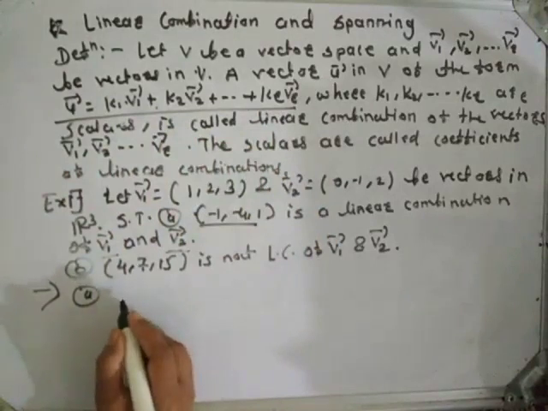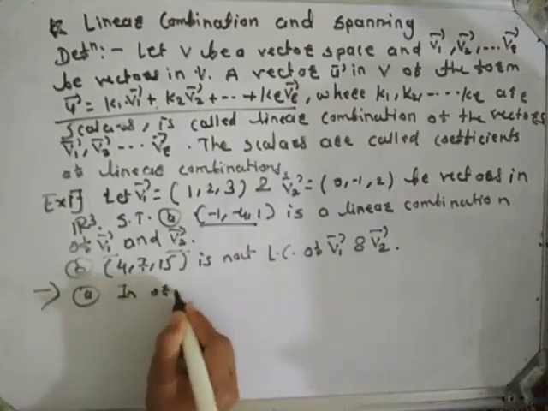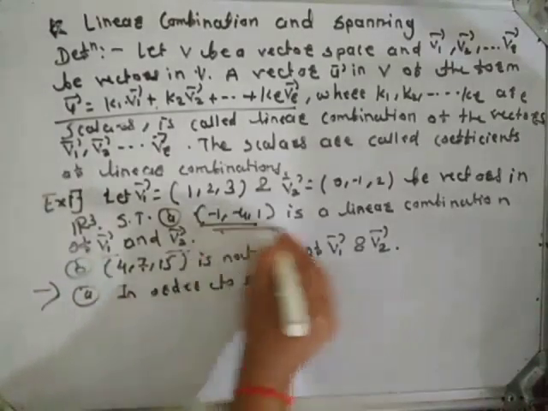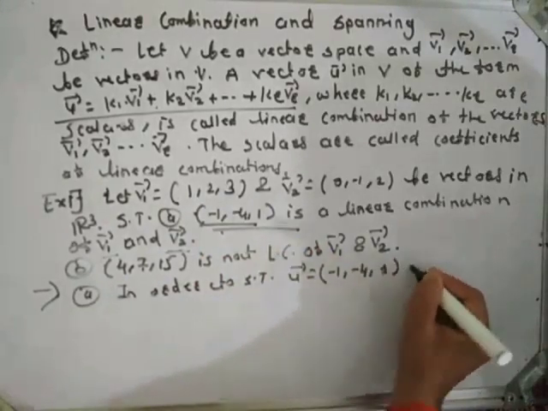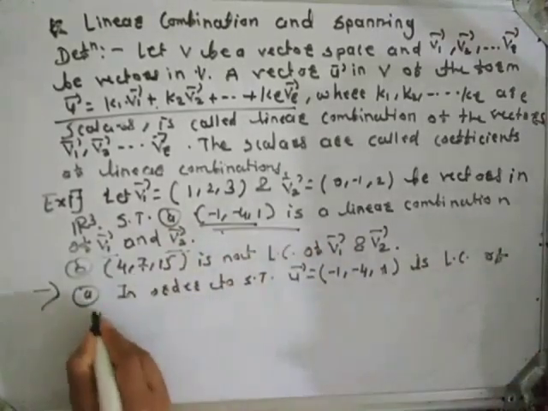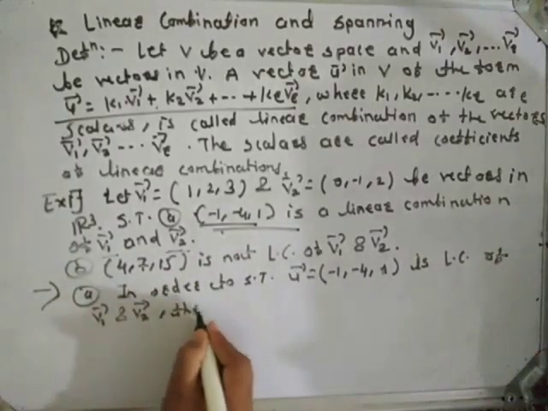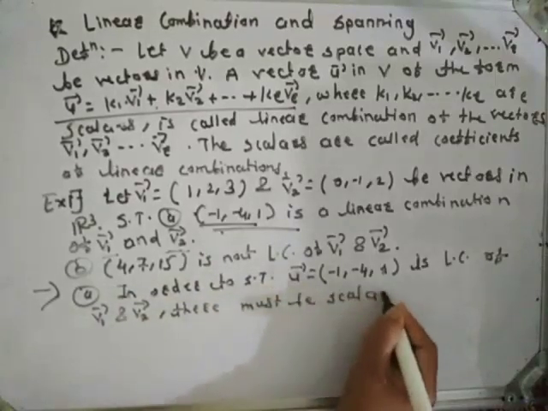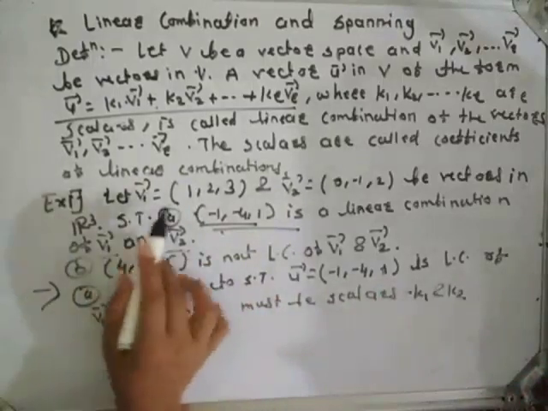So in order to show that U bar, let this be U bar, -1, -4, 1 is a linear combination of V1 bar and V2 bar, there must be scalars K1 and K2. Two vectors, so here V1 and V2 are two vectors.